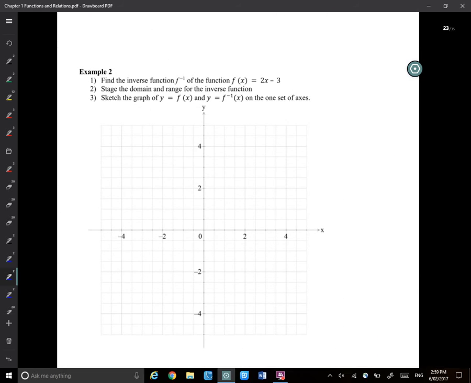Okay, I want to quickly talk about one thing. I'm not going to give you an example, but I'll quickly talk about this. When you're trying to find the intersection for the original graph and inverse graph, how should you be able to do that? Okay, you have the f x function.